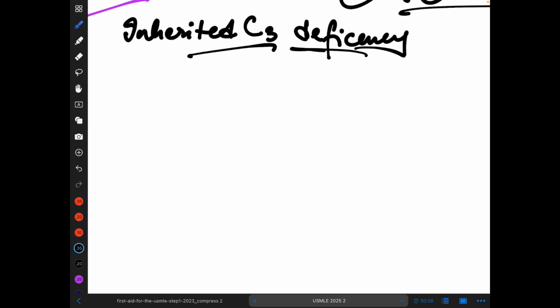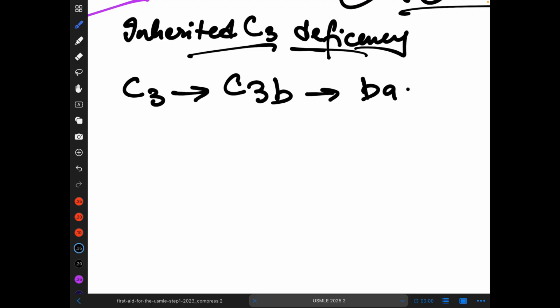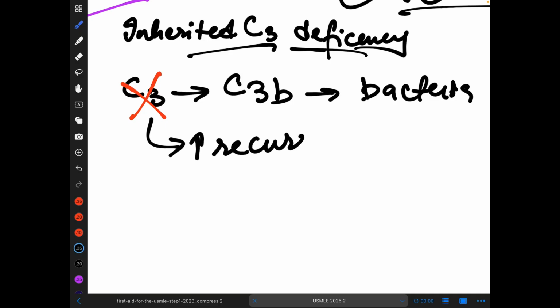You know what C3 does: C3 is converted to C3b, and C3b destroys bacteria. If there is a deficiency of C3, there will be a high risk of recurrent bacterial infection.